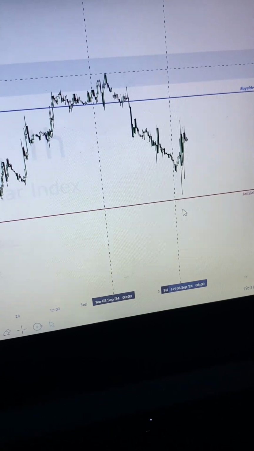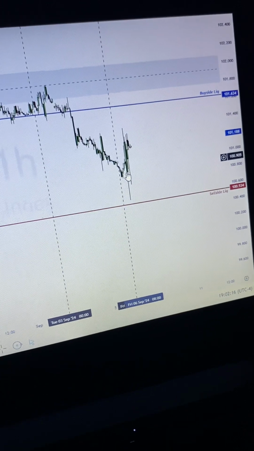What I was looking at, before the NFP release, was whether we are below the sell side liquidity or still above it. That's gonna determine whether I'm gonna be bullish or bearish.